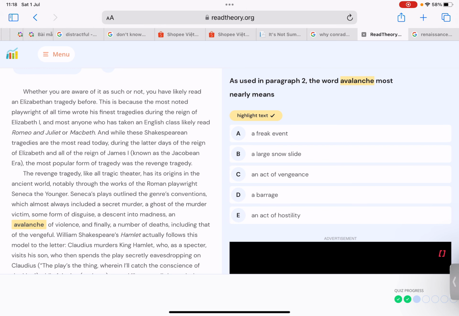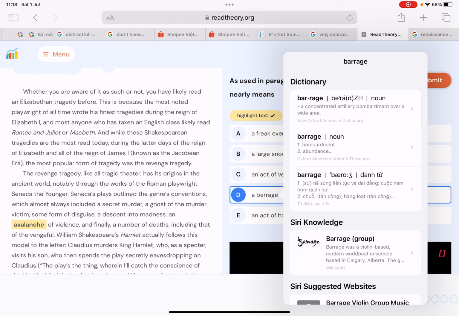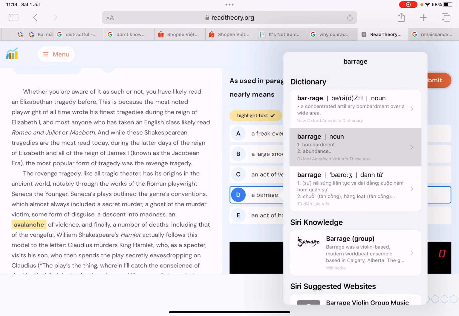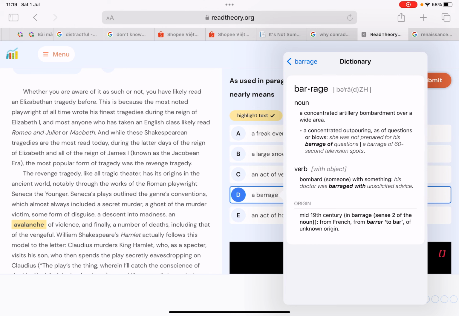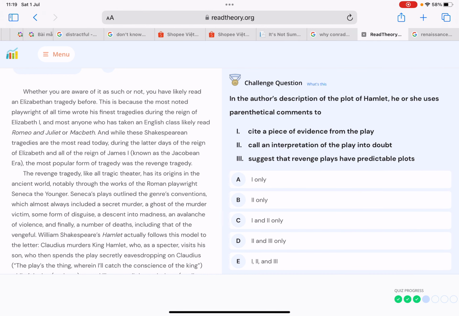No, I think it is actually a barrage, a bombardment. Yeah, that makes sense here. Wait, actually, I am considering between A and D because both make sense, but let's just choose D because it has something to do with bombardment, which I think is a synonym of an overwhelming quantity of something.